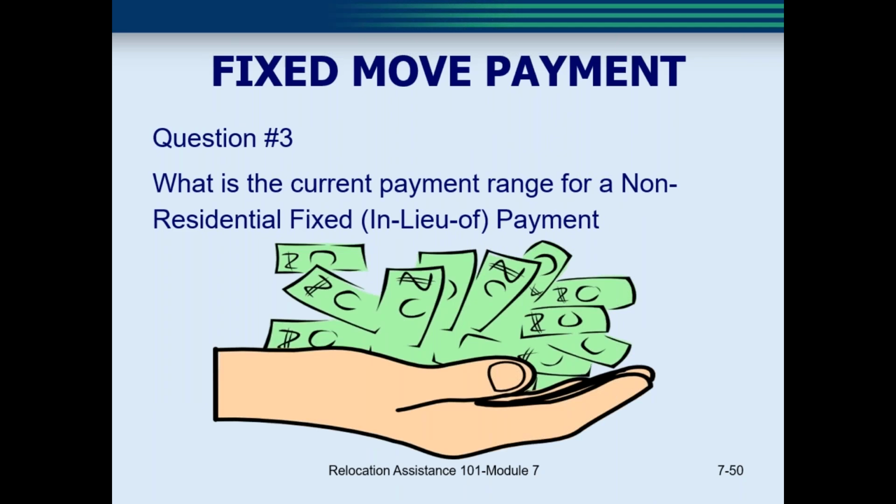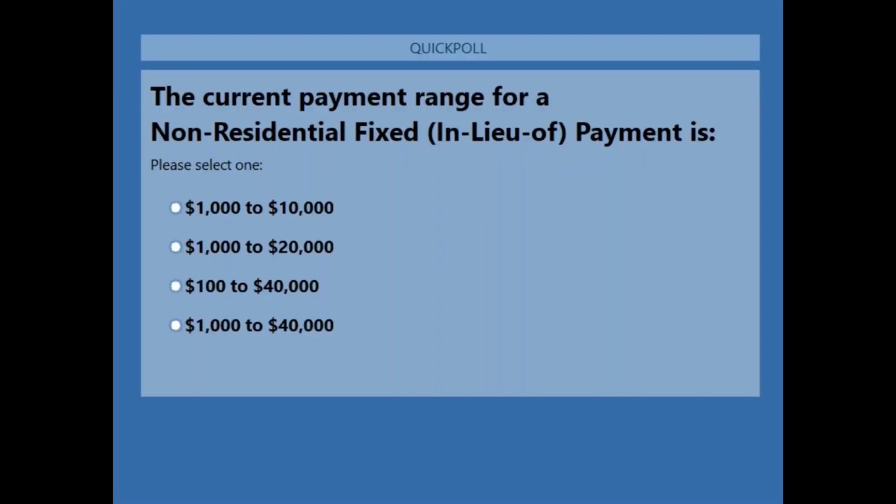Okay, question number 3. What is the current payment range for a non-residential fixed in lieu of payment? What we're looking for is the cap and the minimum. So is it 1,000 to 10,000, 1,000 to 20,000, 100 to 40,000, or 1,000 to 40,000?